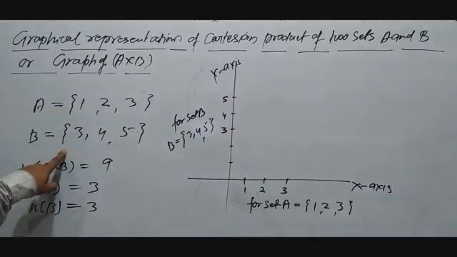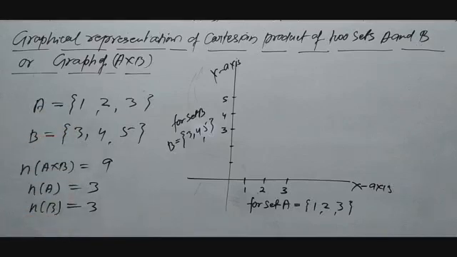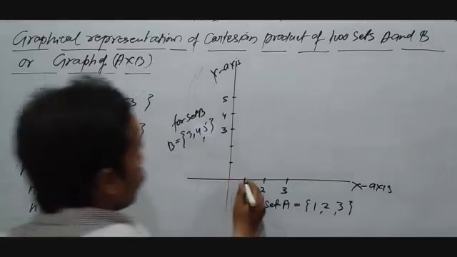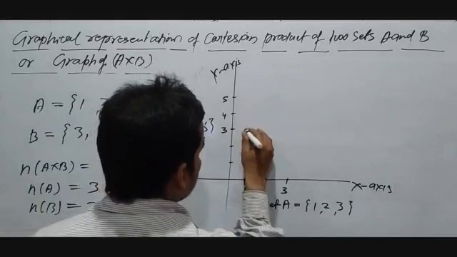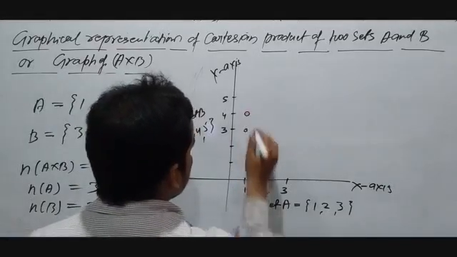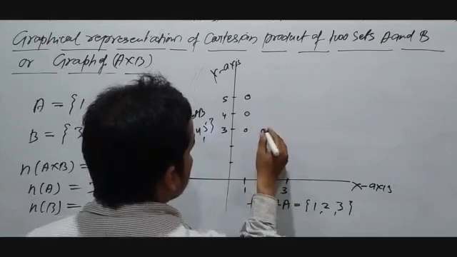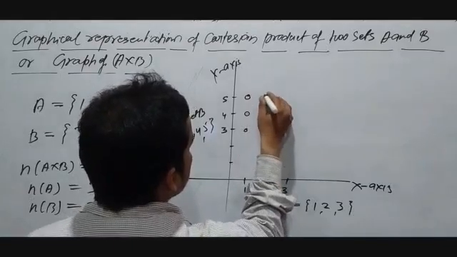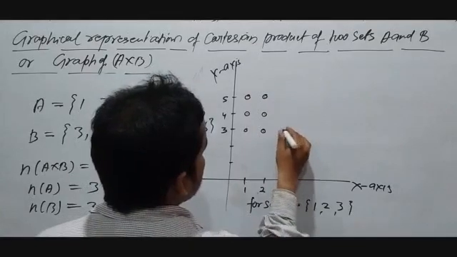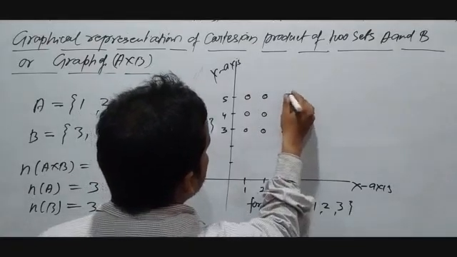You are finding the values of A cross B. So (1, 3), (1, 4), (1, 5). So (1, 3) is here, (1, 4) is here, (1, 5) is here. Now (2, 3), (2, 4) and (2, 5). Similarly (3, 3), (3, 4), (3, 5).